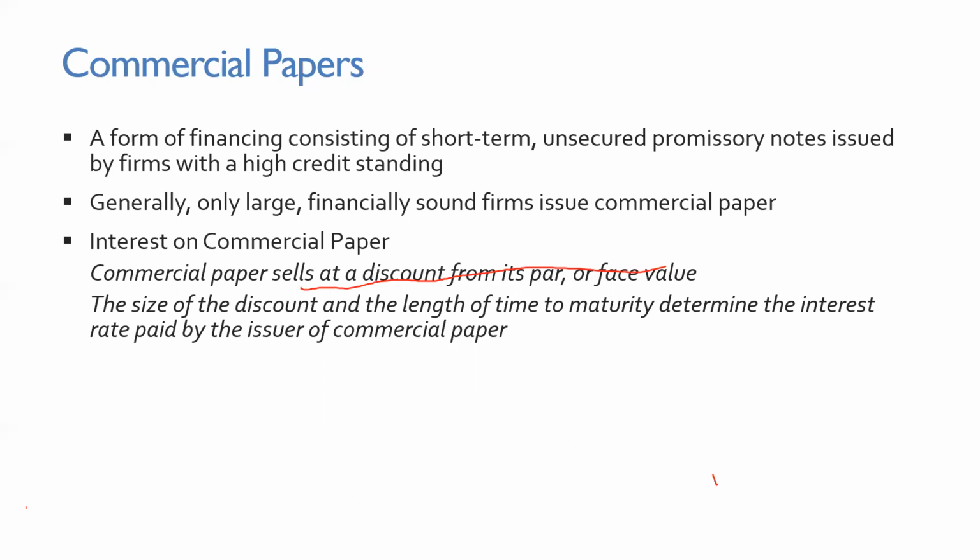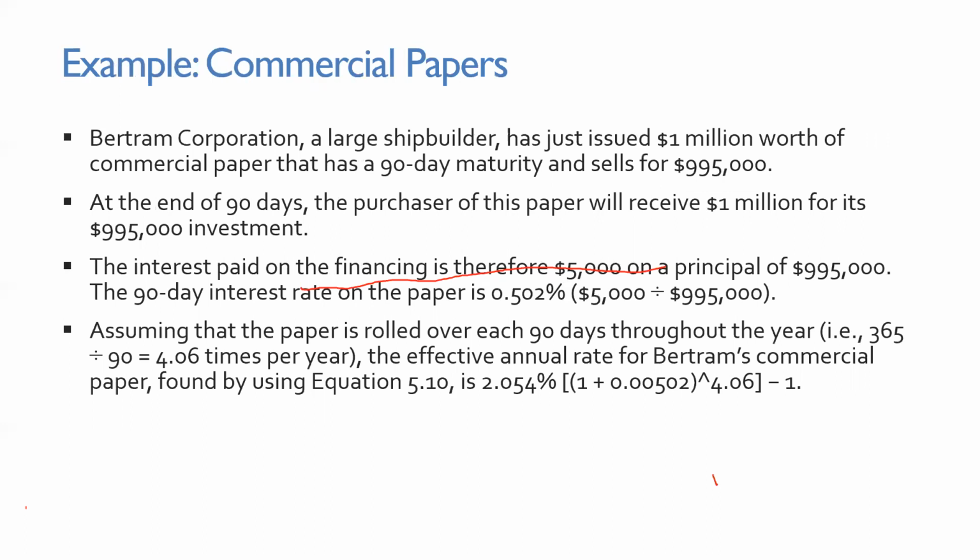Okay. So for example, a company has just issued 1 million worth of commercial papers that has a 90-day maturity, which sells for 995. So the amount that you receive is 995,000. But at maturity, you're going to pay 1 million, right?